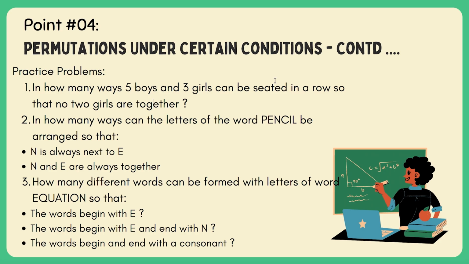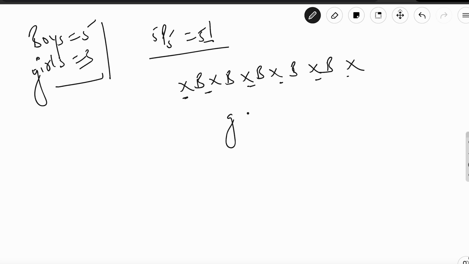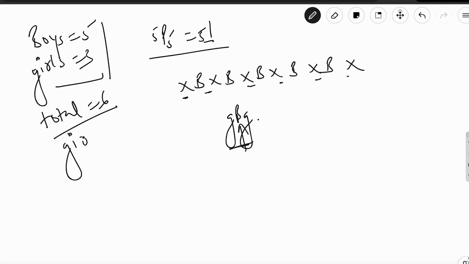Now the condition is no 2 girls can sit together. So we cannot have girl and girl. There must be a boy in between 2 girls. So when we have 5 boys seated, there are 6 positions available for girls. Girls are 3, so out of 6 positions we need to make 3 girls sit.